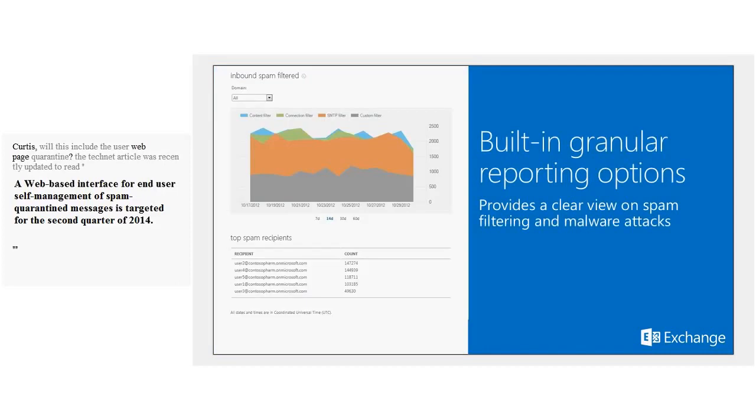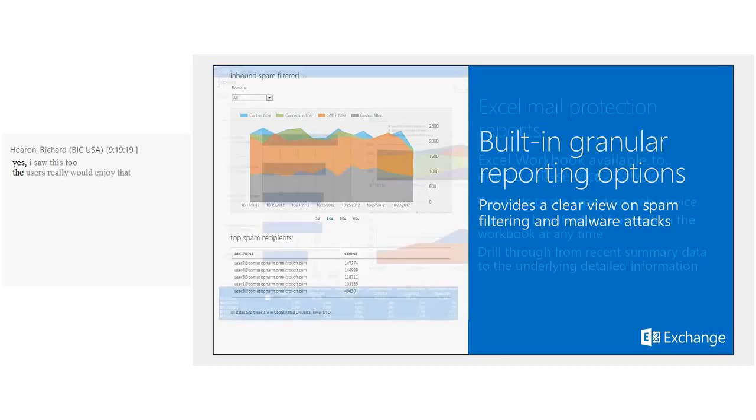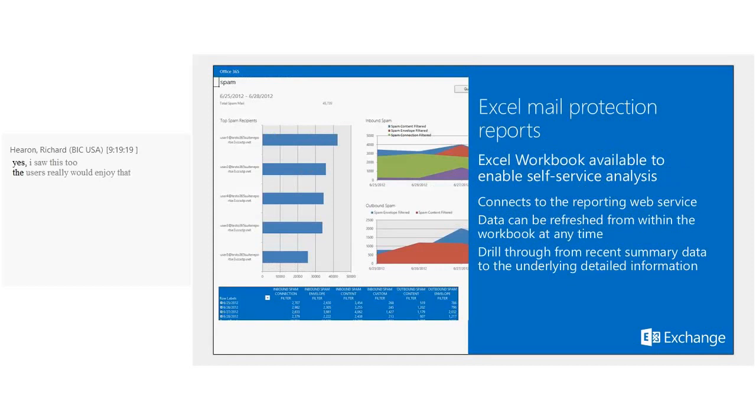In terms of the reporting, through our Office 365 admin console, you would see the standard reports available where you can go and check what are the top reports, or if you want to look at the spam history or malware, all of them is available out of the box in the spam reports section through our Office 365 admin console. And additionally, we also provide an Excel downloadable workbook.